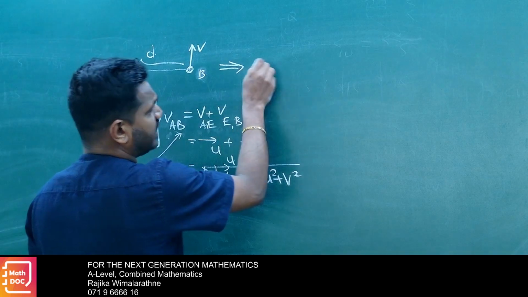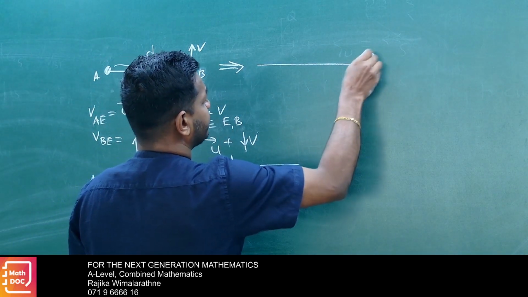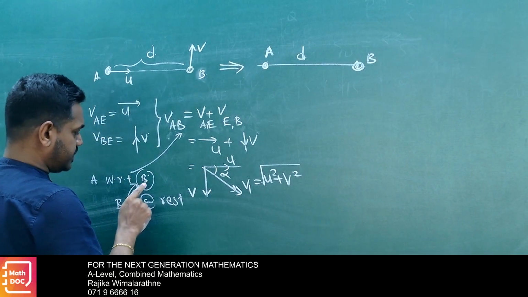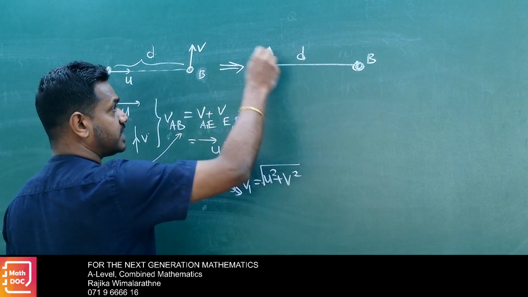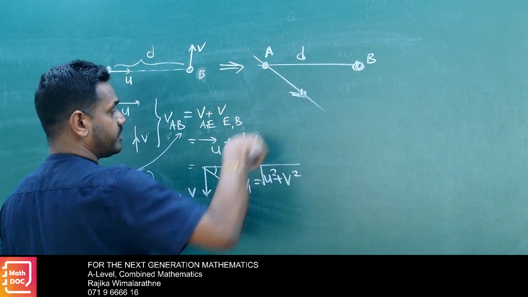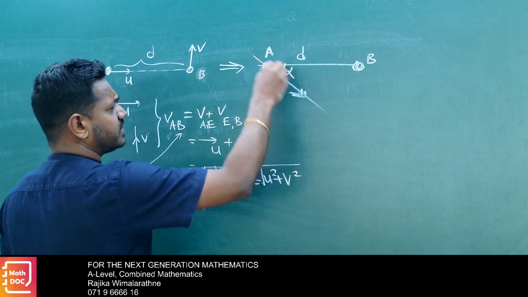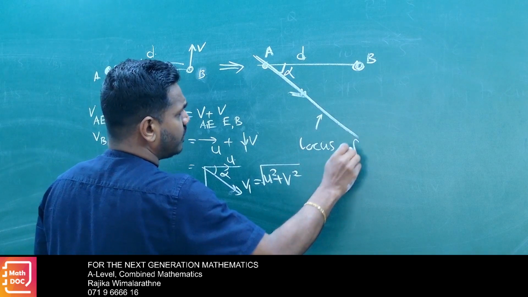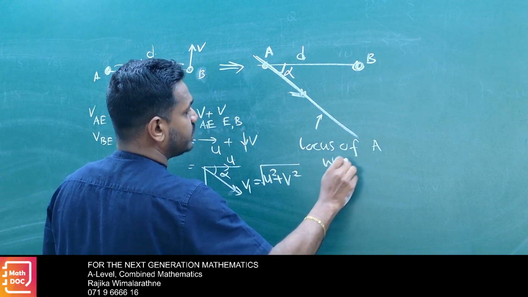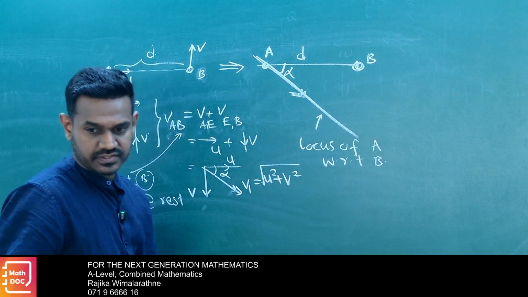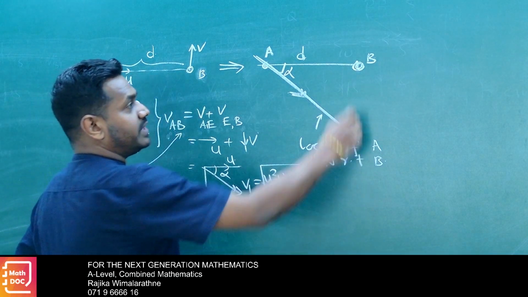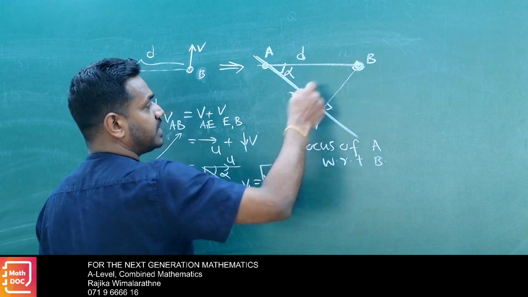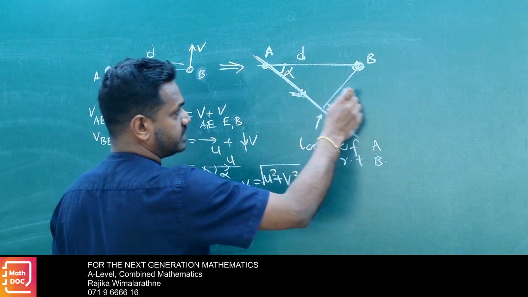Now let's consider that diagram. B is somewhere here, displacement d, A somewhere here. B is at rest, A is moving along this path, along this velocity. This path we call the locus of A with respect to B. Now B is stationary, therefore you can sketch a perpendicular. The initial displacement is d, and this is the shortest distance.